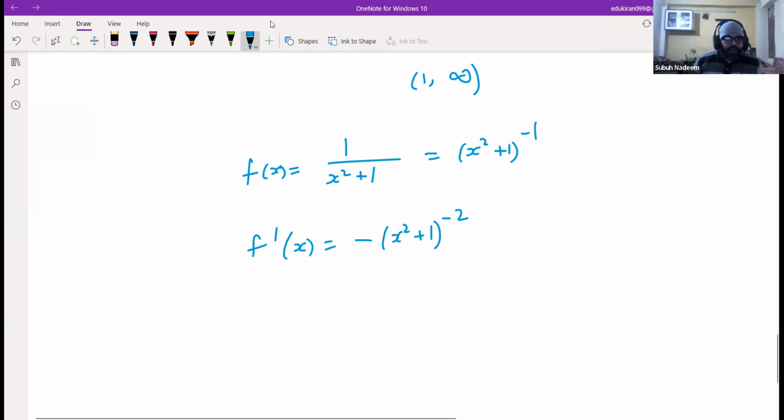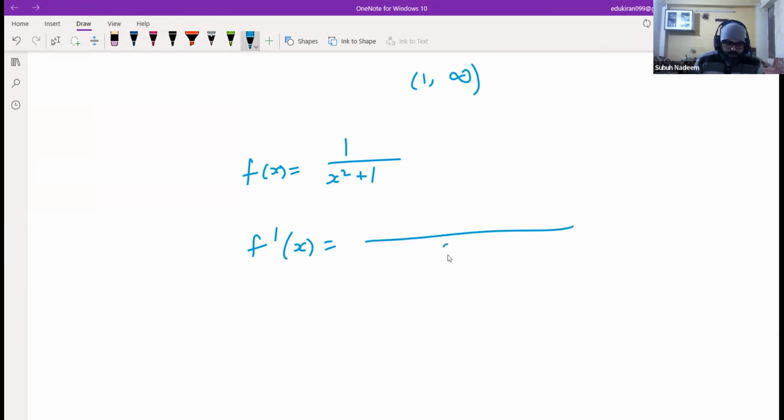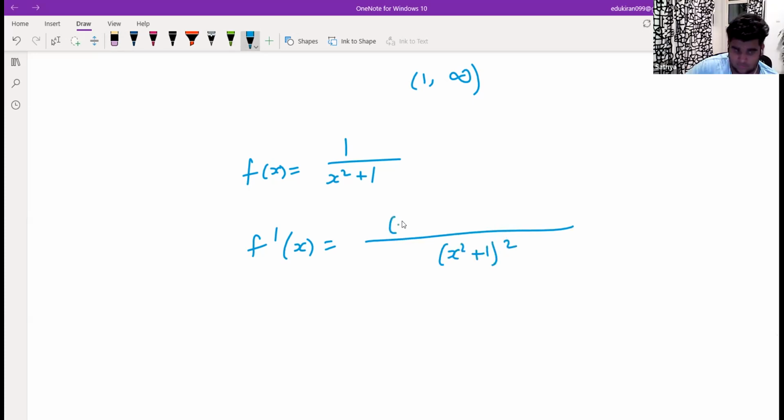So in that case, what will happen? Let us do it by quotient rule. But why go by quotient rule? Anyways, if you have tried by quotient rule, let us do it that way. So in that case, it is x squared plus 1 whole square in the denominator.